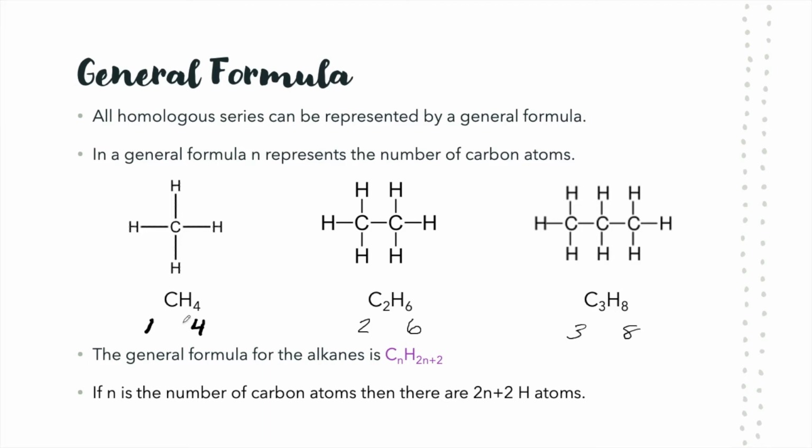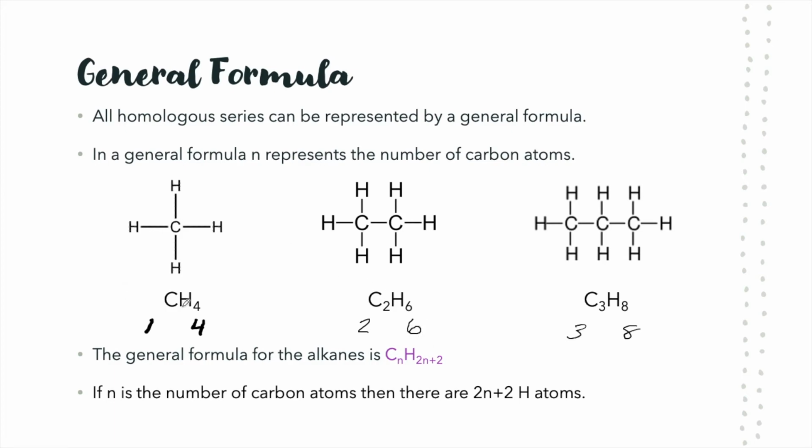Now to go from 1 to 4 and 2 to 6 and 3 to 8, we multiply the number of carbons by 2 and then add 2.